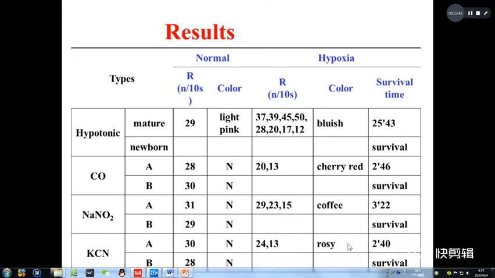Now color. Animal A is rosy, light color of rose. Now survive 2 minutes 40 seconds. Now animal B, because it first developed histotoxic hypoxia and then received treatment, didn't die, survived.